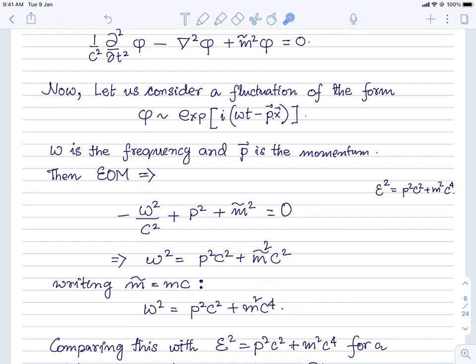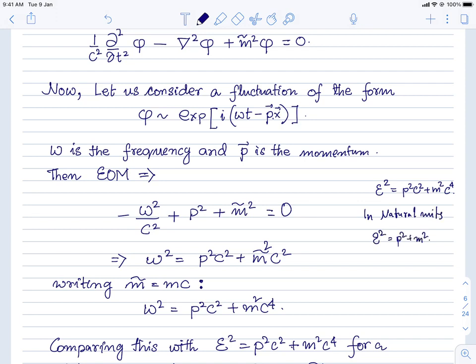But I would like to draw your attention to this expression for energy and momentum for a relativistic particle that we had seen before. By the way, in natural units, this is just energy squared equal to p squared plus m squared.